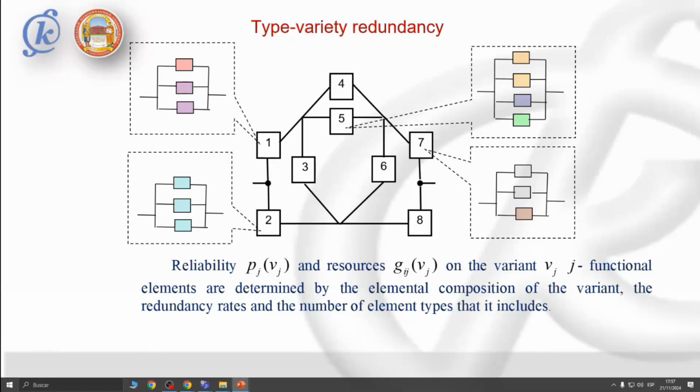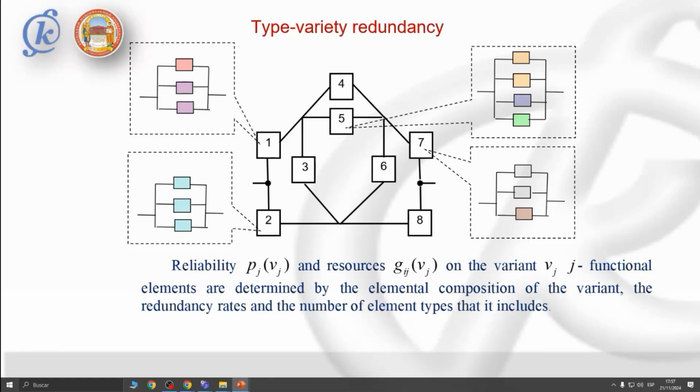On this picture you will see a typical redundancy that we consider. We consider this type variety redundancy, when we use different types of elements for redundancy, but these elements have equal function.